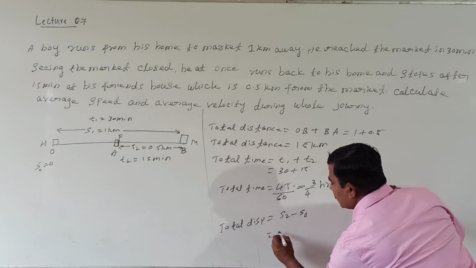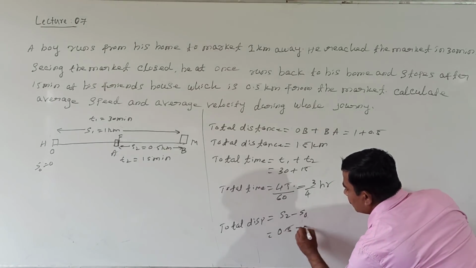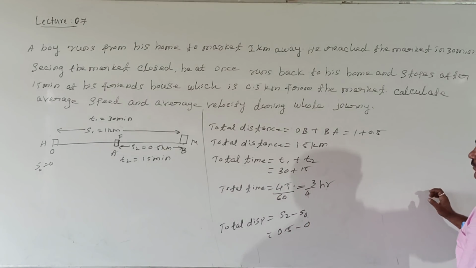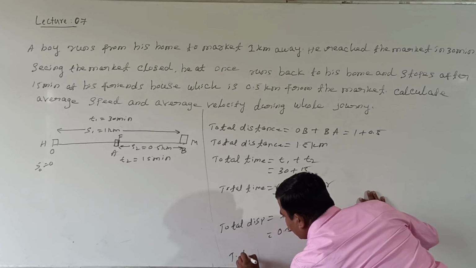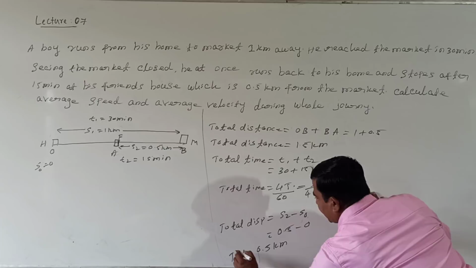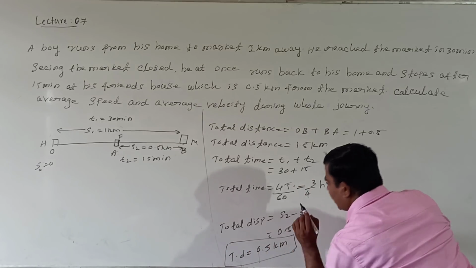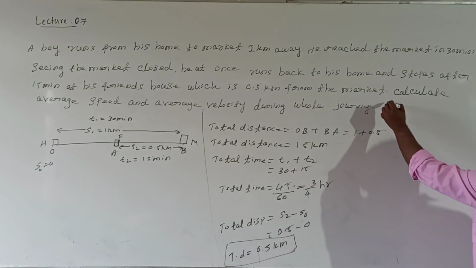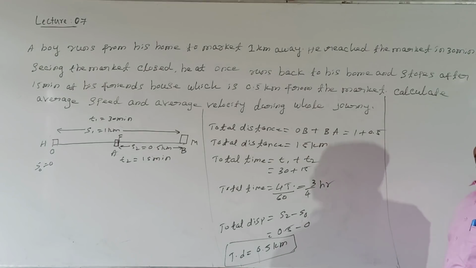S2 is 0.5, and this is 0. What is the total displacement then? Total displacement is equal to 0.5 kilometer. Are you following me?